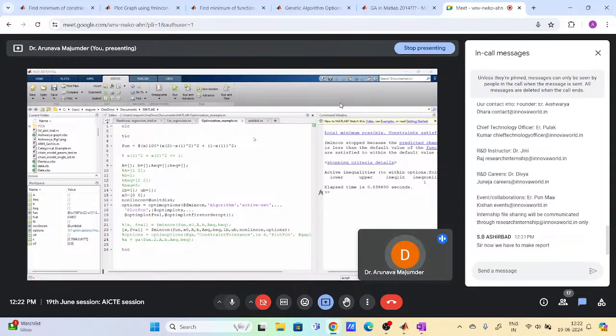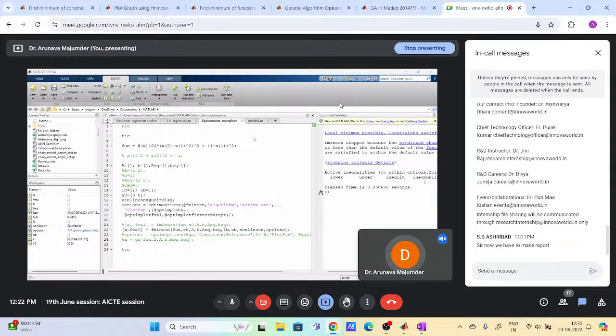Otherwise you can find your outcomes and share them with me at this email ID, or you can put them directly into the report file. Better you put all the outcomes in the report file. Then send it to me at the email ID, and I will give you the feedback.